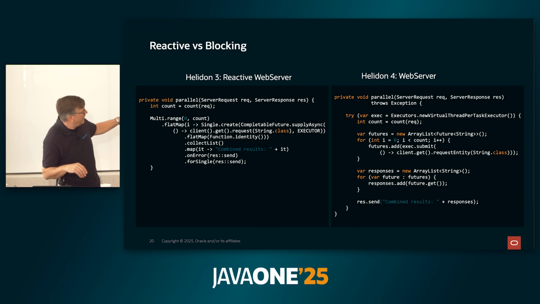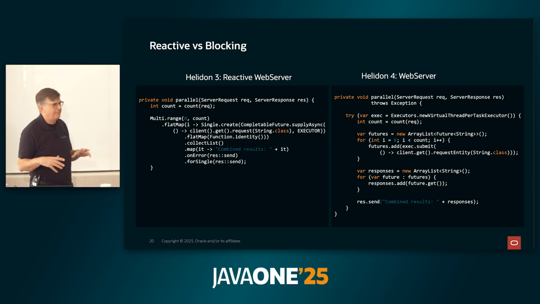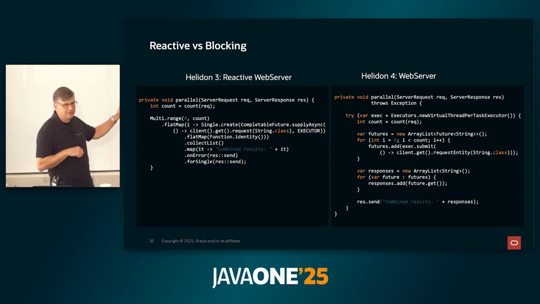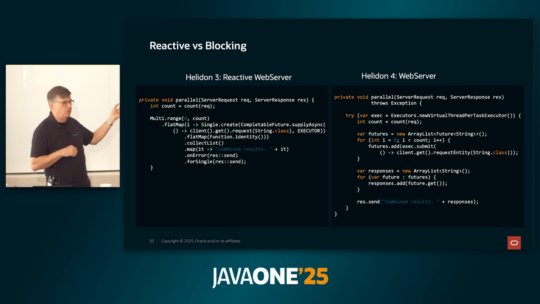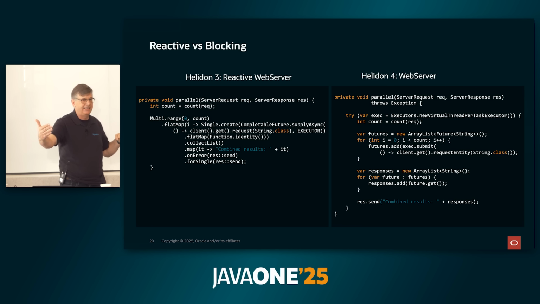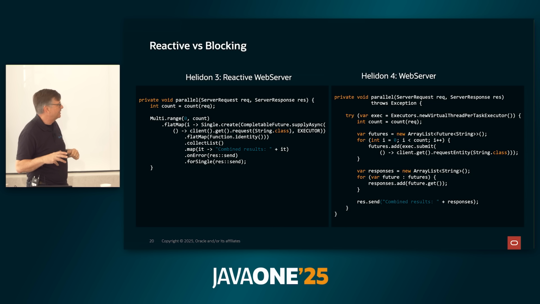And the code on the left is a little challenging, right? A common developer off the street might not be able to write that code. Our experience is people are not so good at writing that code and getting it correct. It uses reactive operators. It creates a Multi to get that concurrency. There's a client.get, which is happening asynchronously, and then we're mapping back and collecting into a list.